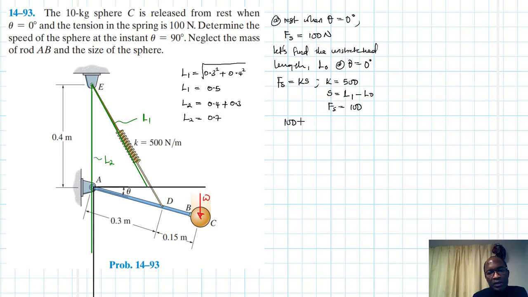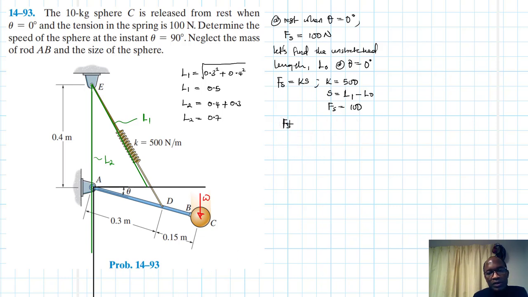Therefore, 100 is equal to 500 times L1 minus L0. Let me write the whole equation here.